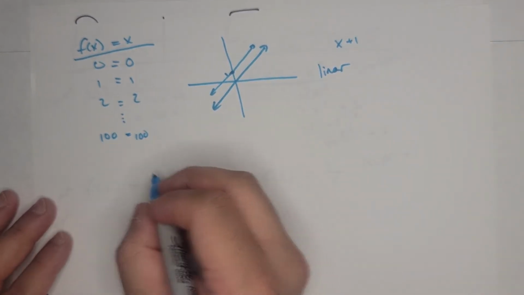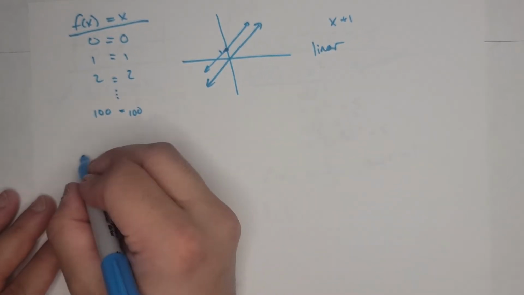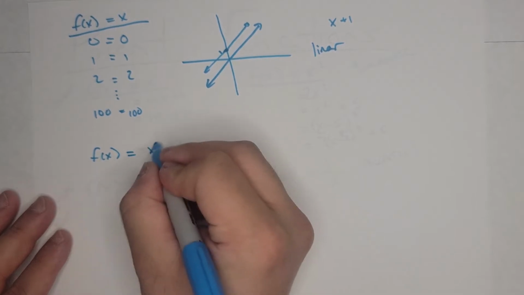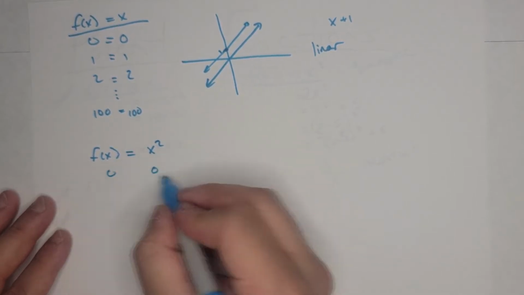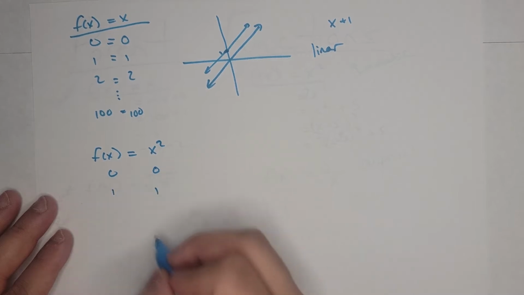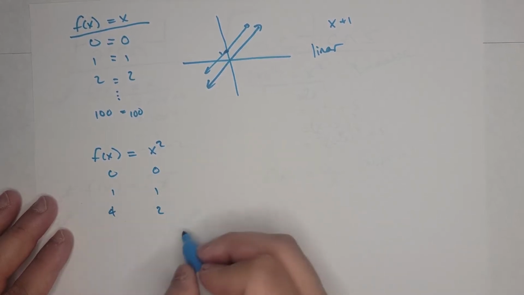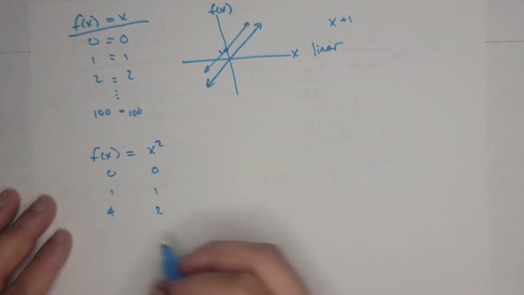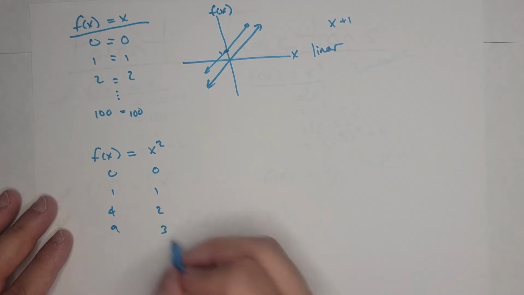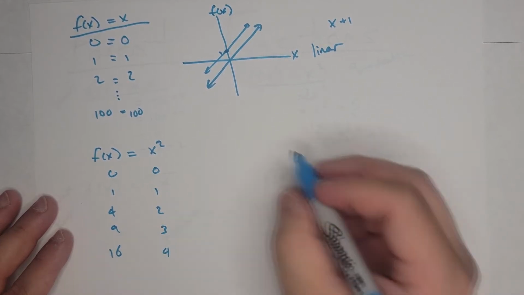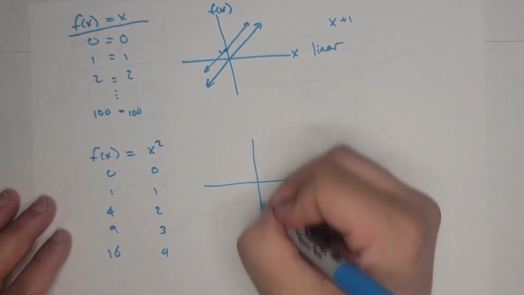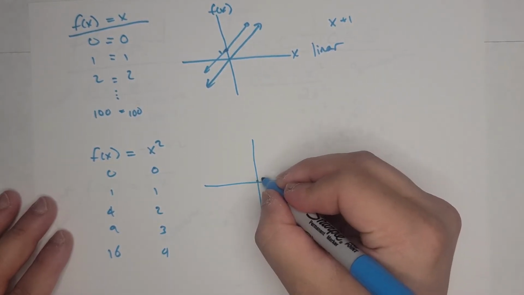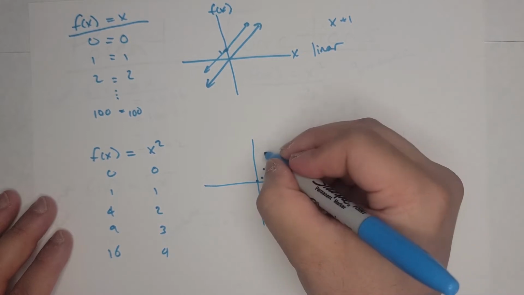And let's do the quadratic one. f of x equals x squared. So at 0, we have 0. 0 squared is 0. 1 is 1. 2 is 4. Remember, this is x. This is f of x. 3, 9, 4, 16. So we know that this is going to go like this: 0, 0, 1, 1, 2, 4.